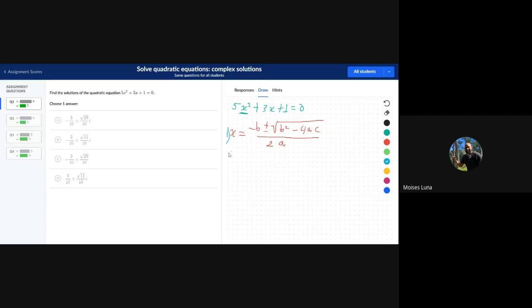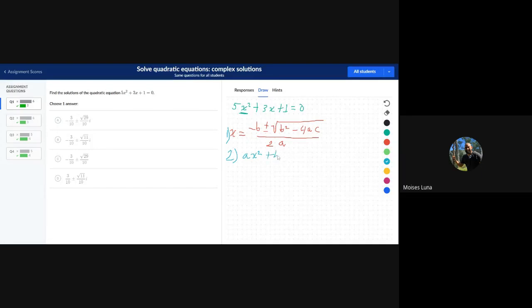Step number two would be to determine which one is A, B, and C. So in the quadratic formula, we have A. These numbers are the coefficients.